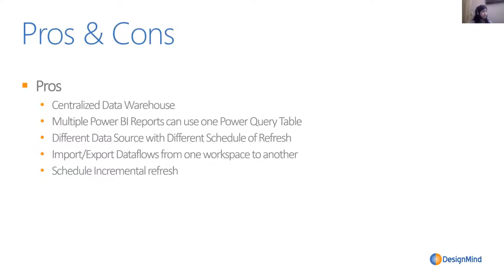Next is importing and exporting data flows from one workspace to another. If in your organization you have multiple environments, for example a development environment where you do all your development work, you create your data flow with all the transformation steps.